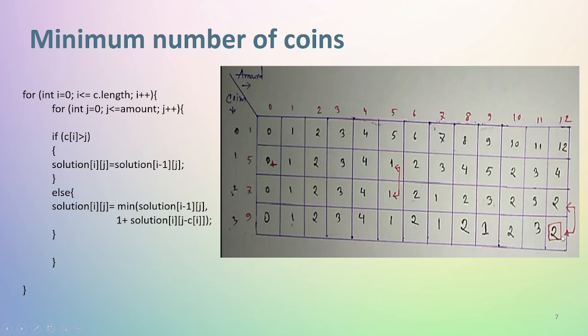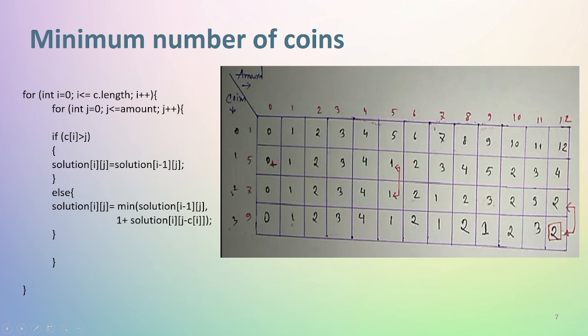That means we can pay with the minimum number of coins. We can say that by 2 coins we can pay this amount, 12 taka, by only 2 coins. To find which coins, we check 2 and the one above is 2, so first of all we take 9.